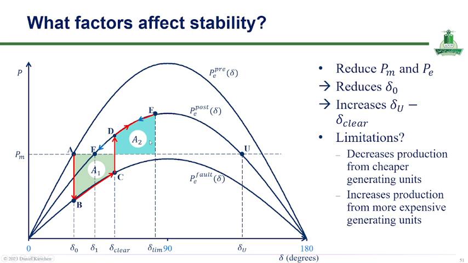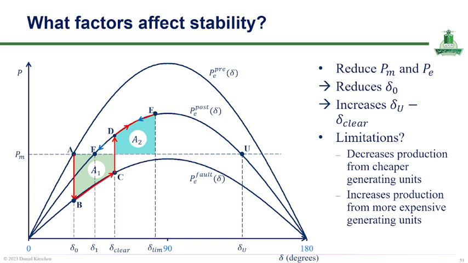This slide shows how reducing the mechanical input power PM and electrical output power PE can improve transient stability. Lower power transfer reduces the initial rotor angle, that means delta zero, which increases the stability margin and allows the system to better tolerate disturbances.